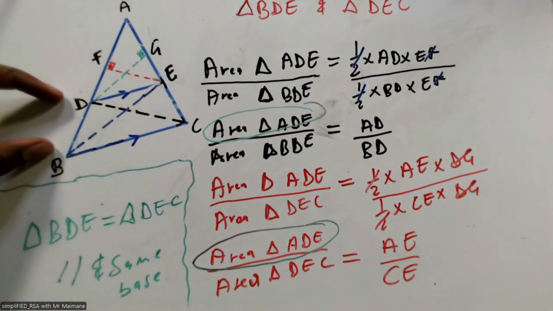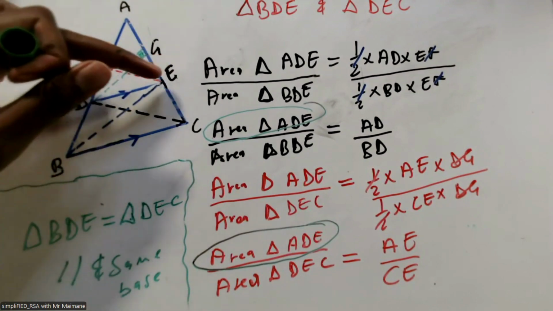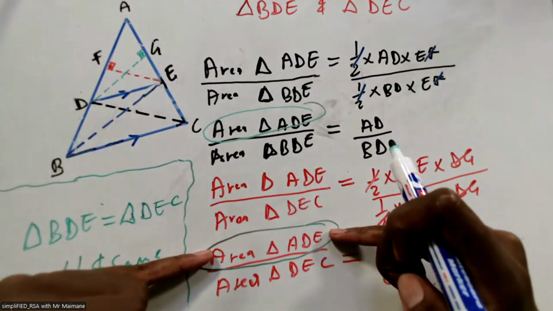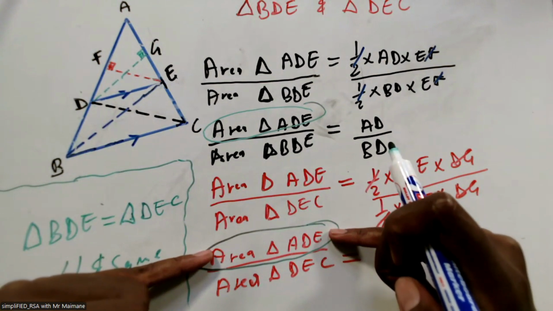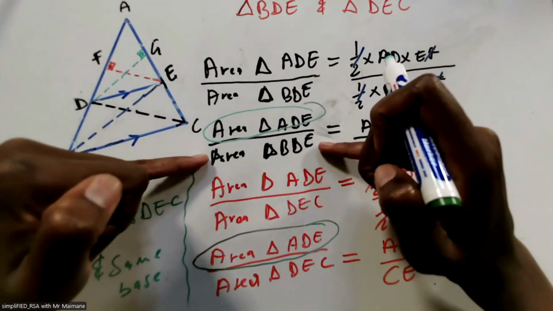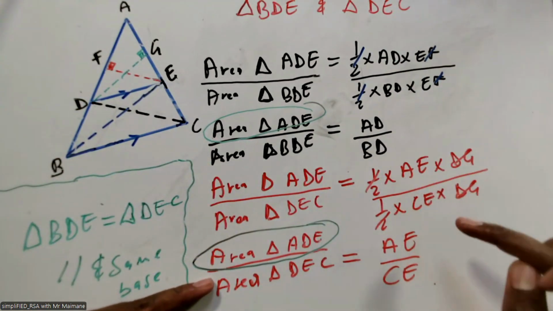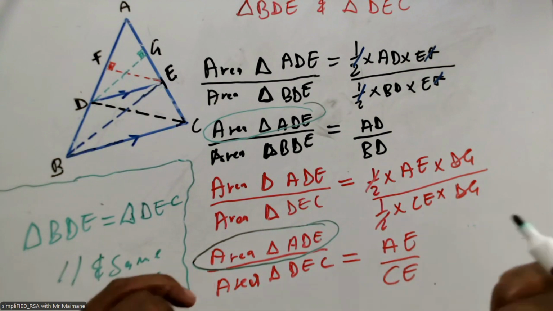Reason being, we have two parallel lines and the two triangles share the same base. So if the area of triangle ADE is the same as the area of triangle ADE for the top part of the fraction and the bottom part is also equal, then it is safe to say AD is equal to AE.